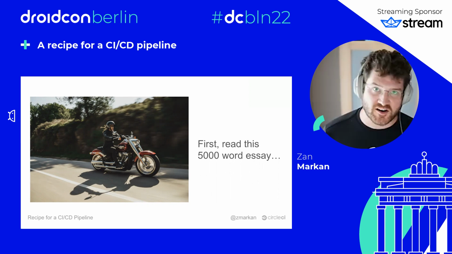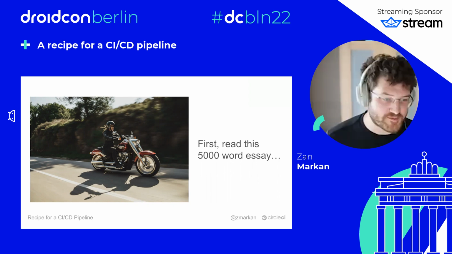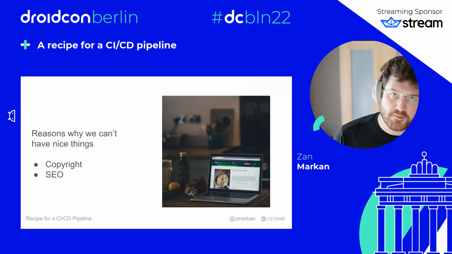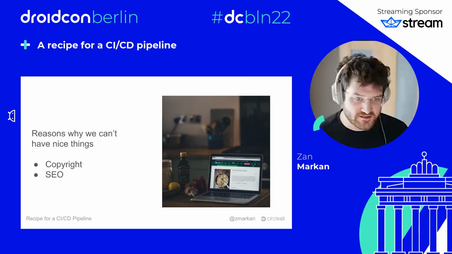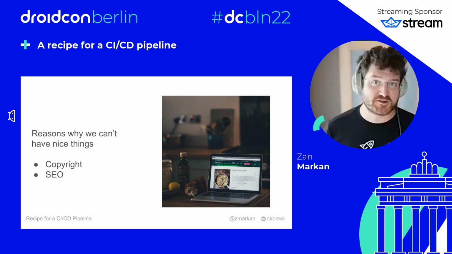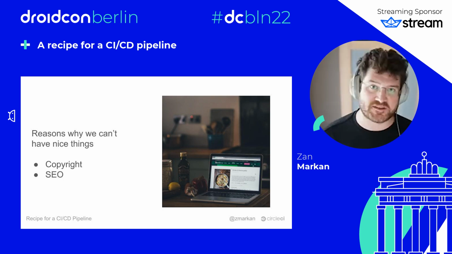But there is a good reason, or a couple of reasons, why they do this, the cooking authors. Number one is recipes, unfortunately, are not copyrightable. If you just post a list of steps online, anyone can just take them, copy them, and there's no way you can enforce the copyright.